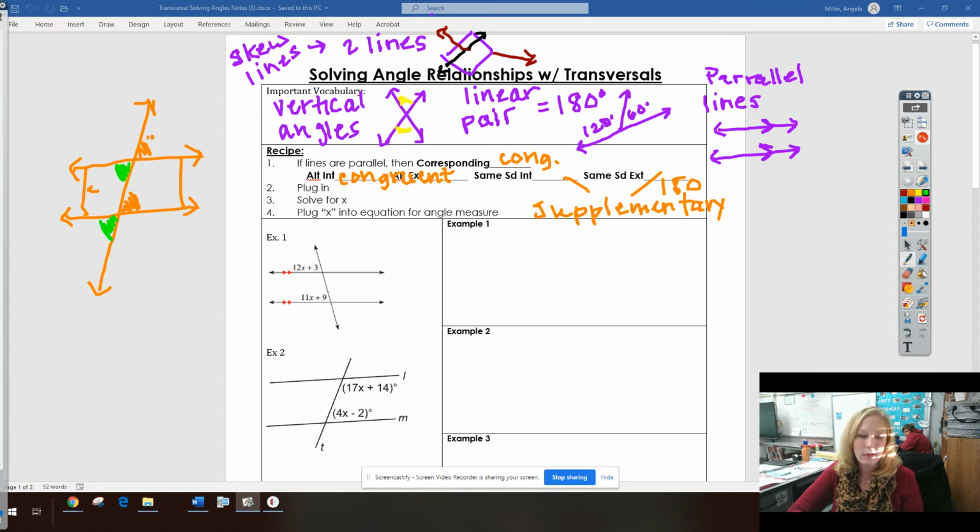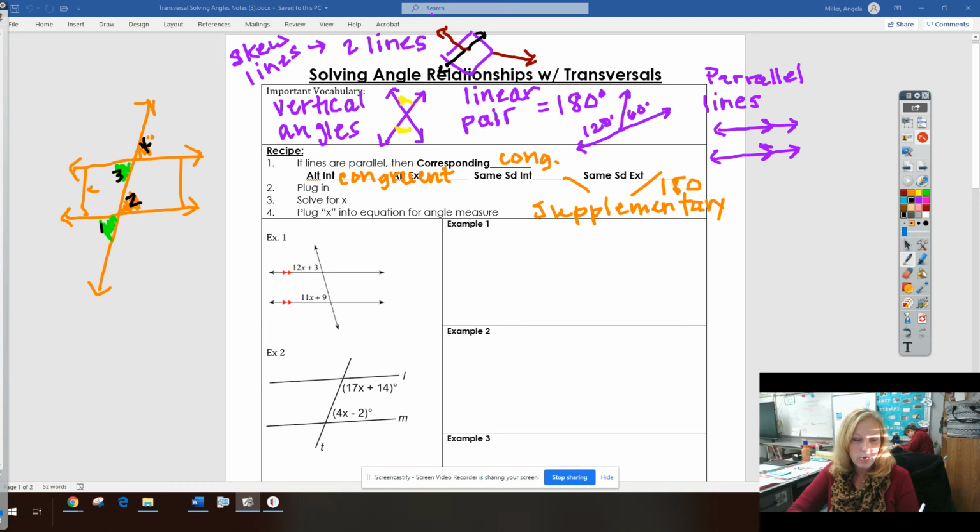And here's the cool part about this rule. If you look right here at these two angles that I have just formed, these green and orange angles, if I look at angle 1 and angle 2, those are vertical angles. And now if I look at angle 2 and angle 3, those are alternate interior. And if I look at angle 3 and 4, those are also vertical.